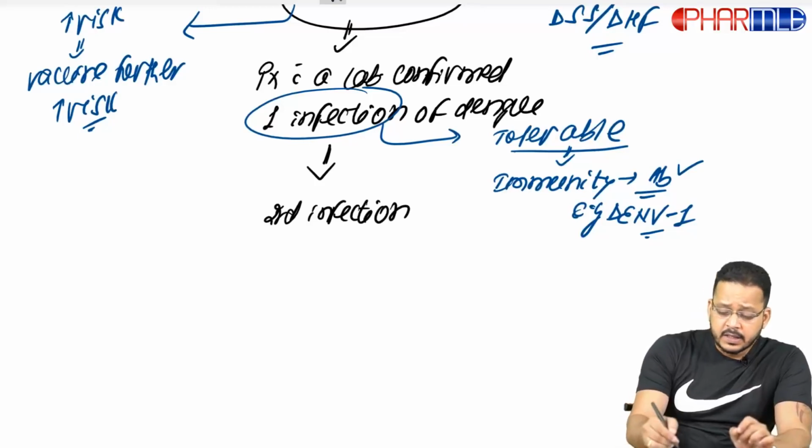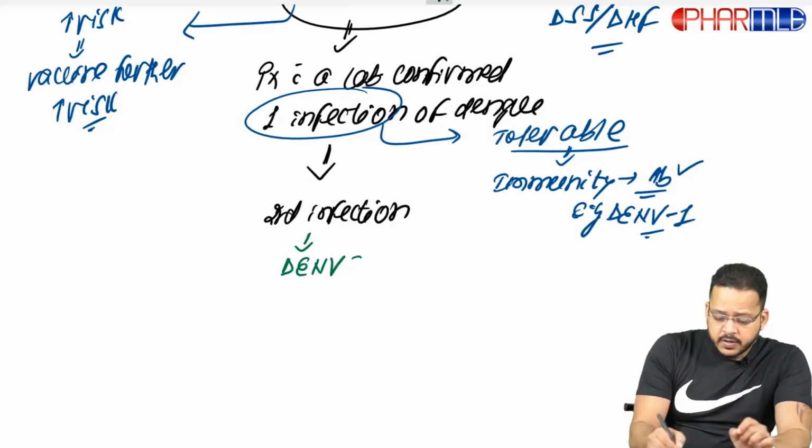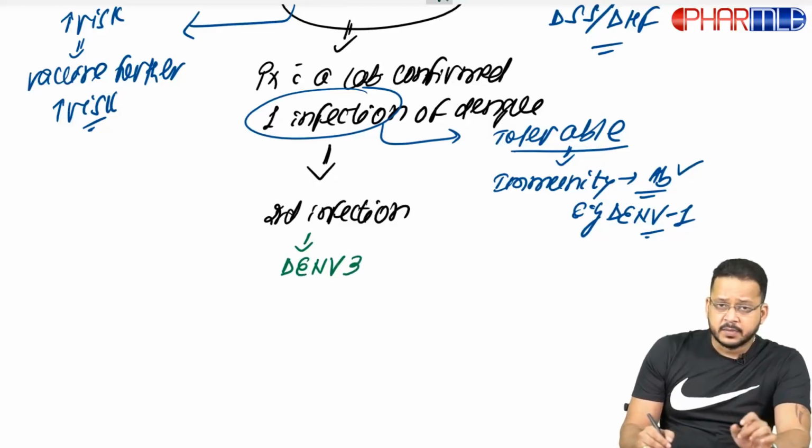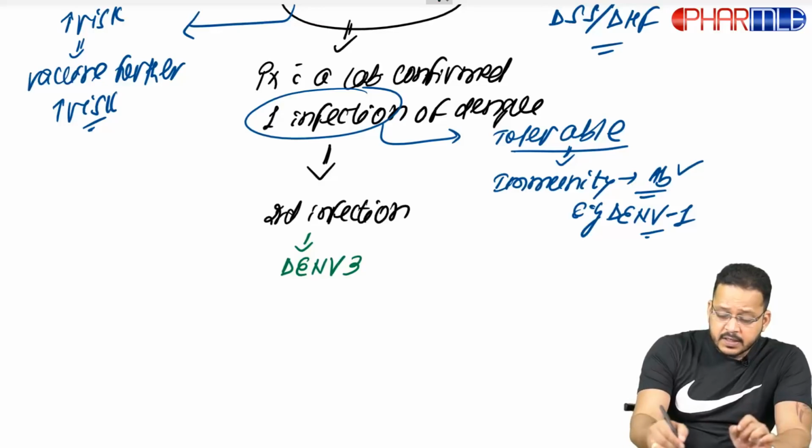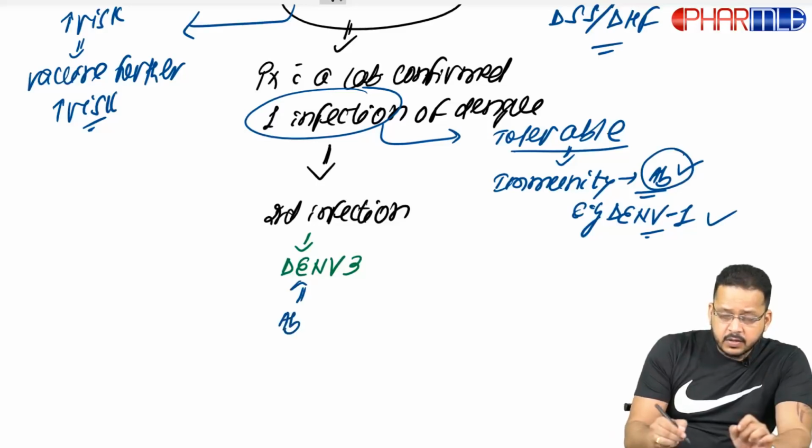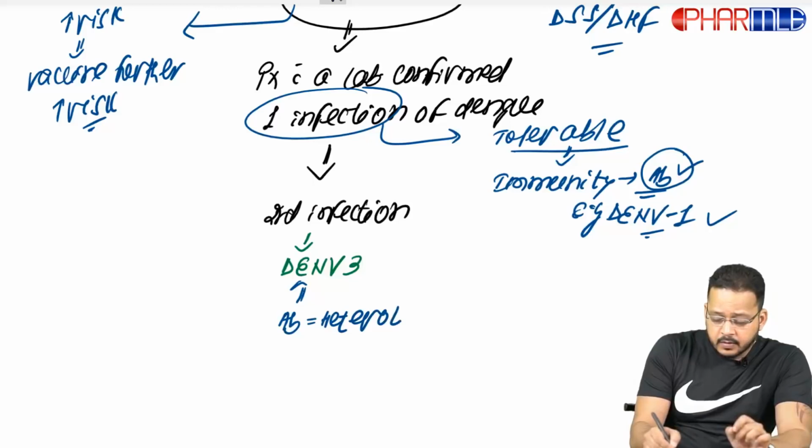Then in the second infection, the patient has, for example, the third strain of dengue virus. Now these antibodies against Den-V1 will attack the Den-V3 virus, and these are called heterotype antibodies.